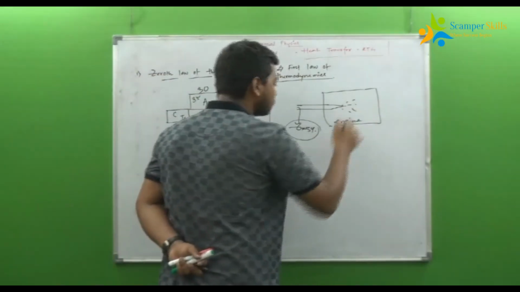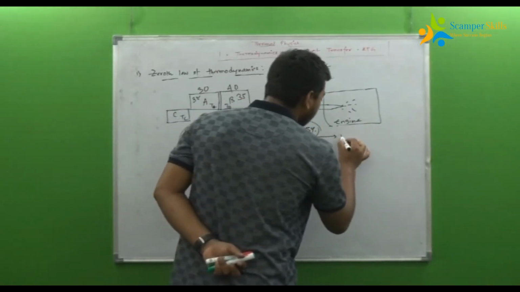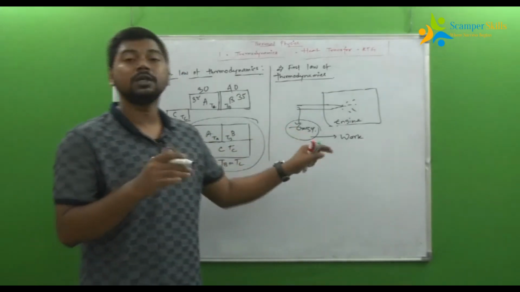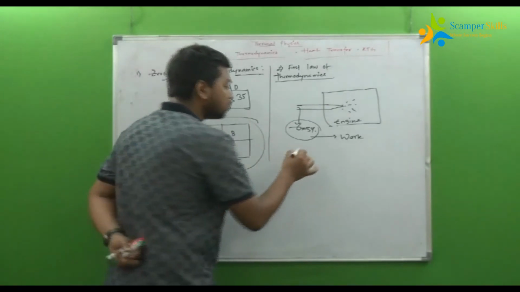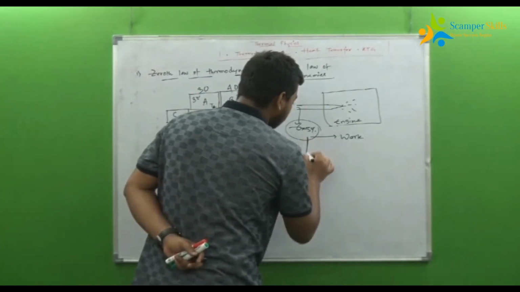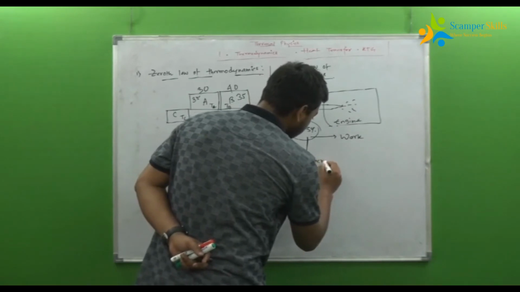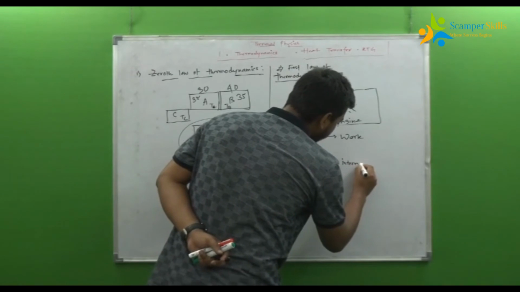inside this engine. How? A certain part of that energy is going to do a certain amount of work. Try to understand what I'm saying. A certain part of this energy is going to do work inside this engine, and the rest of that energy is going to increase the internal energy.